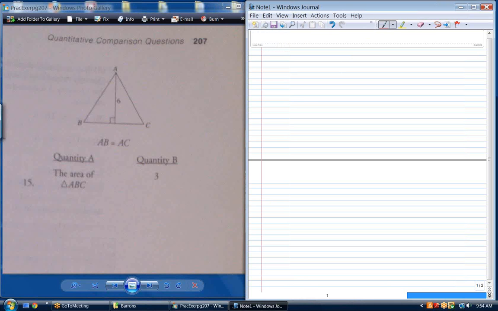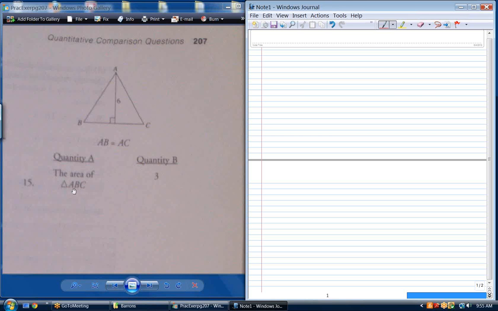Okay, so we have an isosceles triangle here. That's what's given to us. And its height is 6. If you don't know what to do, we could draw a picture, or we could start. Usually what I tell people when they don't know what to do is start with whatever you know.